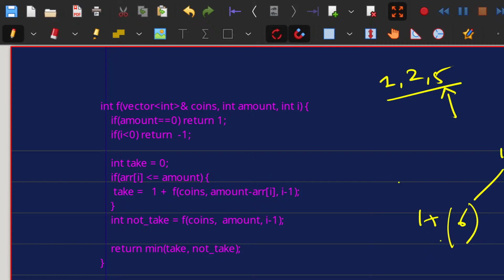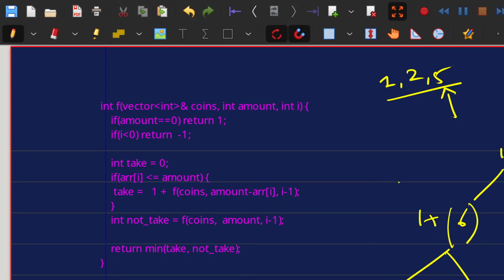Then we go in this case in the 6 one. We again can take 5, right? So 1 plus, 1 will be left, right? And when it is 1, we cannot take 5, we go for 2. We cannot take 2, we go for 1, we can take 1, right? So when we take 1, it goes 1 plus 0. It will return 0 from here, right?